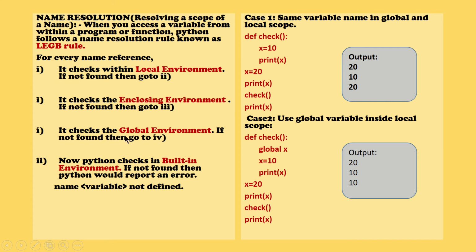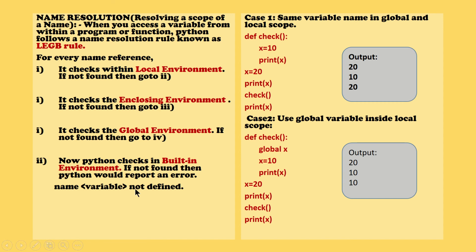If it is present in the global environment, it will use that value. Otherwise it will go for the built-in environment, to check whether any variable is defined with that name. So this is the order in which the name will be resolved.